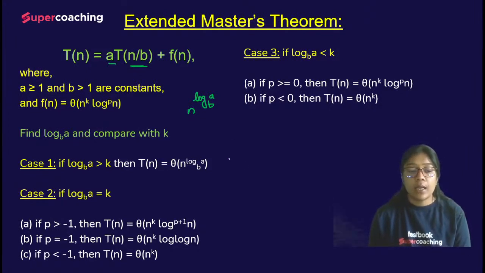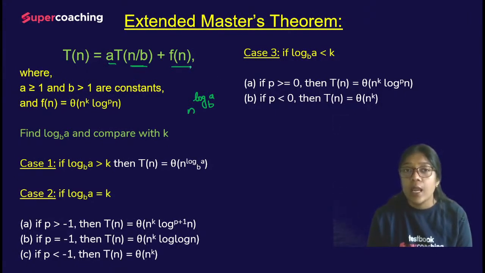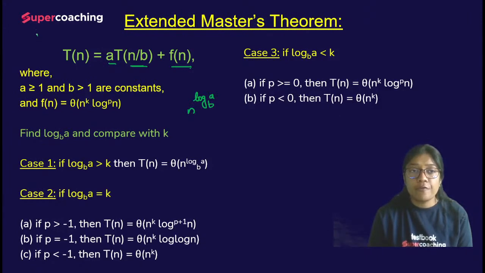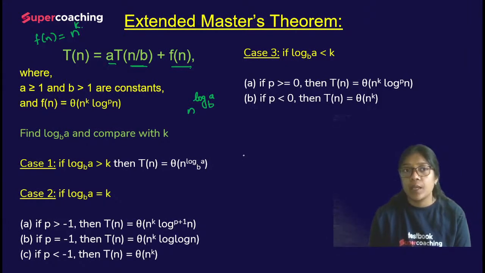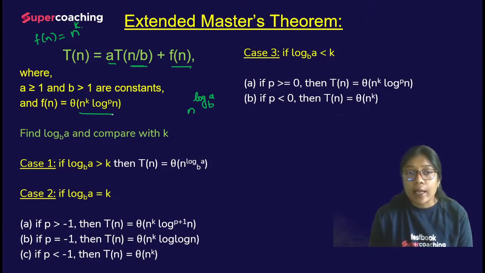So we will do the same thing here. The only difference is in the format of f of n. In basic, we were assuming that f of n is something like n raised to power k. Whereas in extended Master's theorem, we are assuming that f of n is n raised to power k, and along with it you take some logarithmic term.